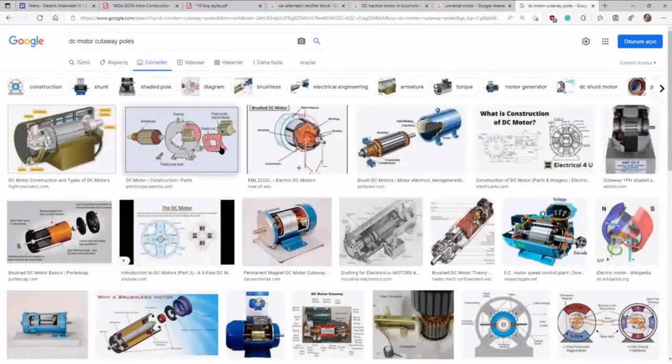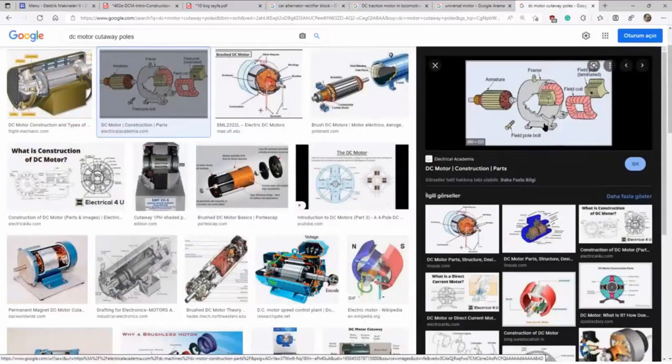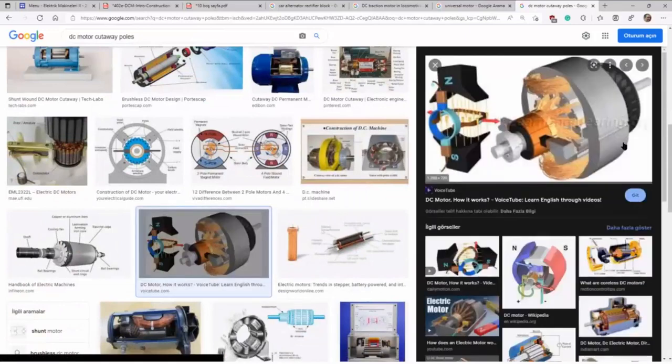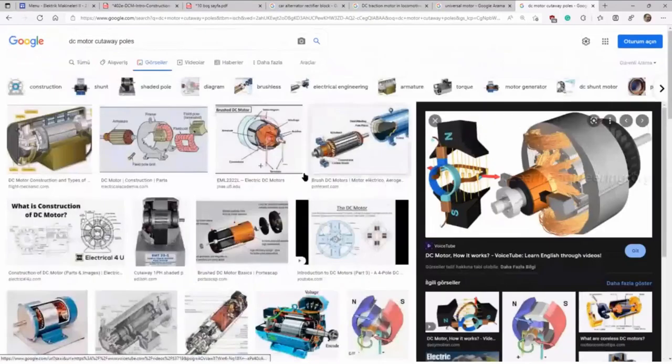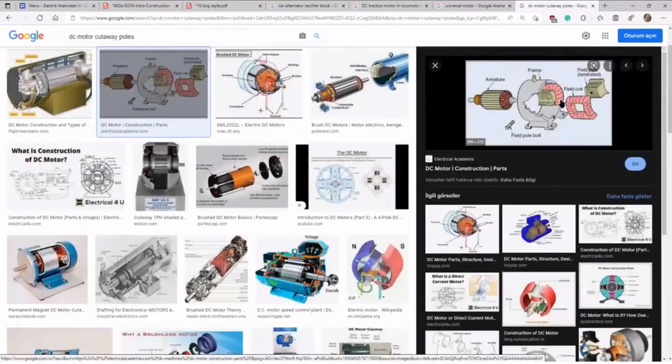Here you see DC poles, and the yoke mechanism or frame. In fact, the frame is cast iron here. We will talk later in detail. In the universal machine, the frame looks like silicon steel sheets, and the machine having a cast iron or soft iron yoke or frame is a DC machine.